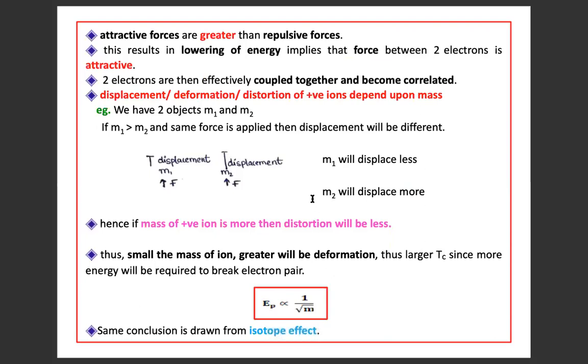In other words, there is an interaction between electron and electron through phonon, and attractive forces are greater than the repulsive forces. This results in lowering of the energy, which implies that the force between two electrons is attractive. So two electrons are effectively coupled together and become correlated.